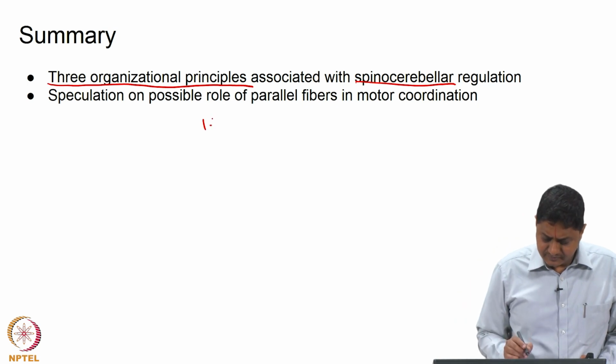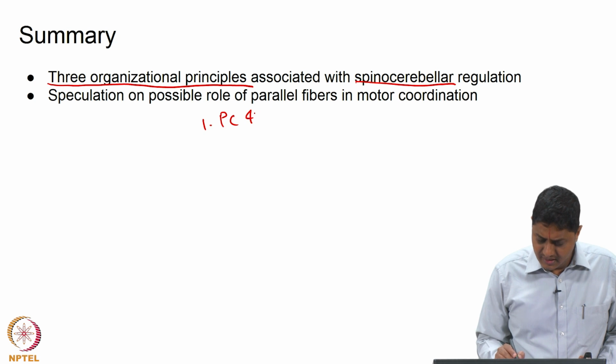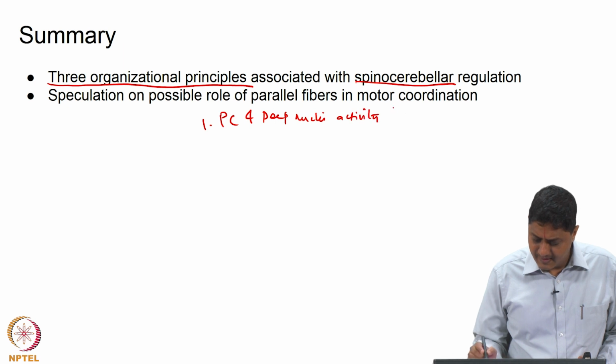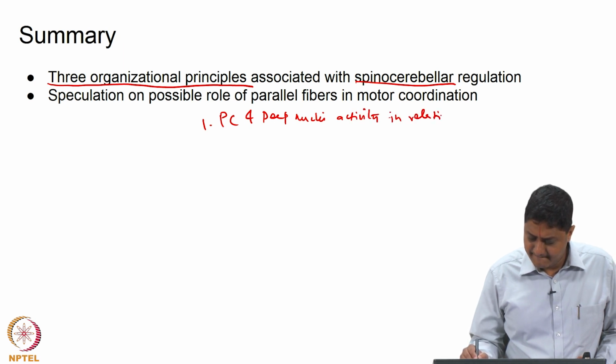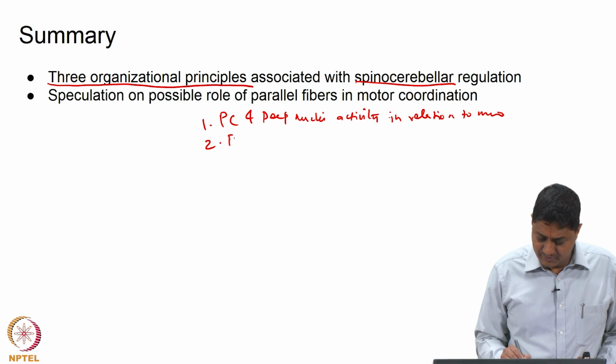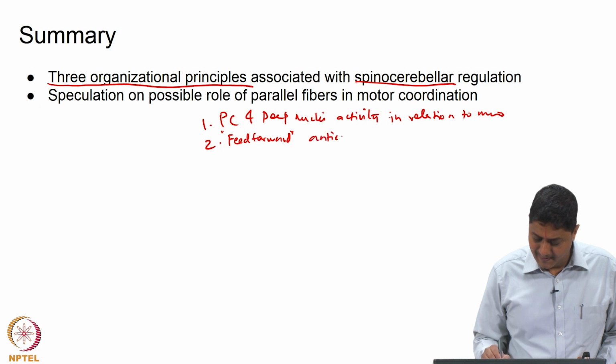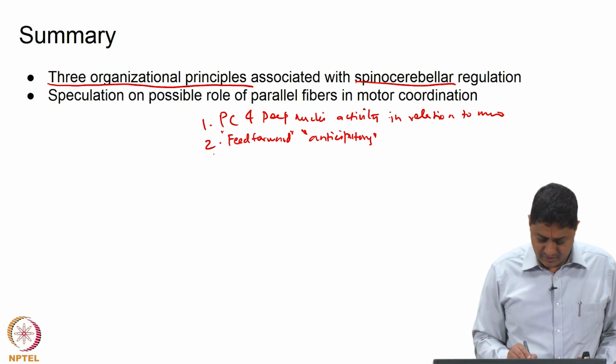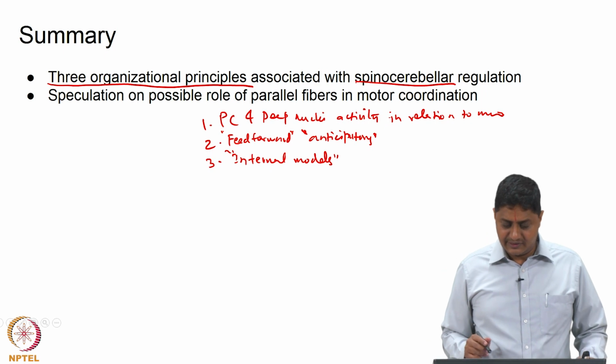These are that there is Purkinje cell and deep nuclei activity in relation to movement, and there is anticipatory or feed forward activity in the cerebellum, and then, probably and more controversially, there are these so-called internal models that are believed to encode dynamics of movements.